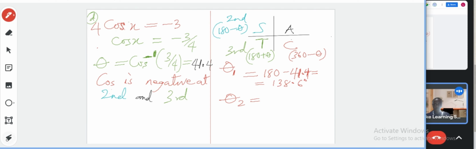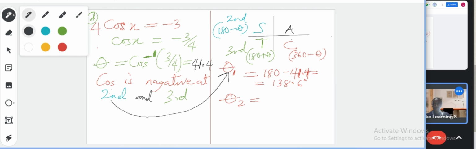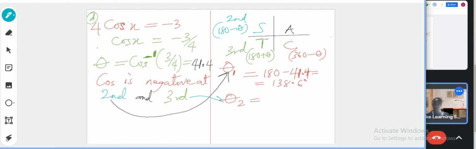Theta 2 is in the third quadrant now. I hope you know. Theta 1 is this, and theta 2 is the other one. What do we do in the third quadrant?